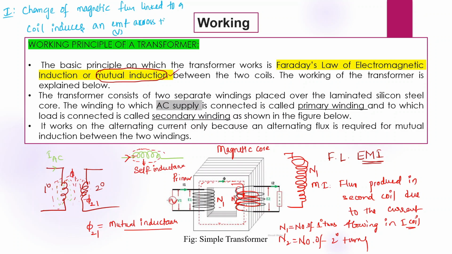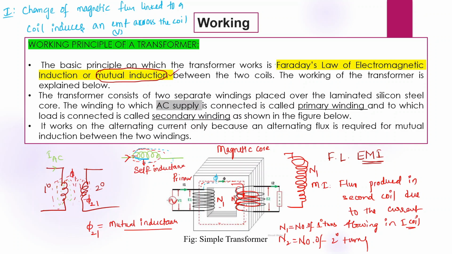Let us take this as a coil. When the magnetic flux in this coil is changed, because we are supplying AC to the transformer, the AC will induce a time varying flux. The time varying flux links with the secondary turns and will induce some EMF across the secondary voltage. That is called Faraday's first law of electromagnetic induction.